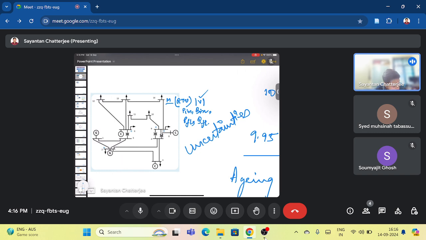Another thing we can do is, ultimately, we are to get the base operating states of the entire system.